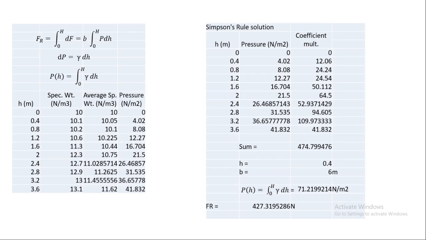After that, I just multiply 71.22 with 6, the width according to the formula. So I come up with the answer of 427.32, which is the value of FR.